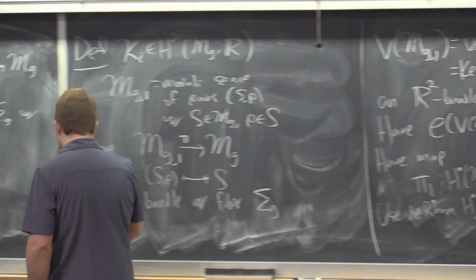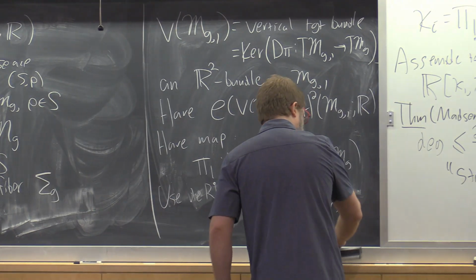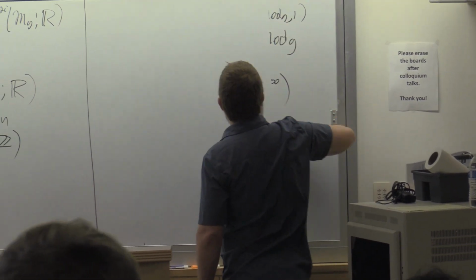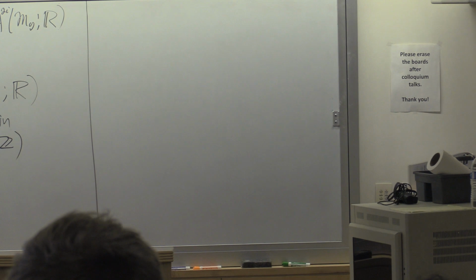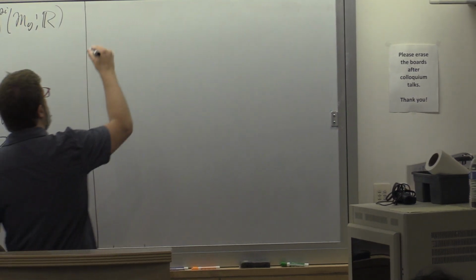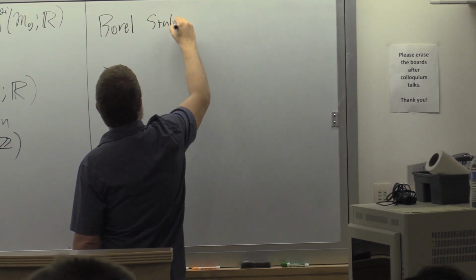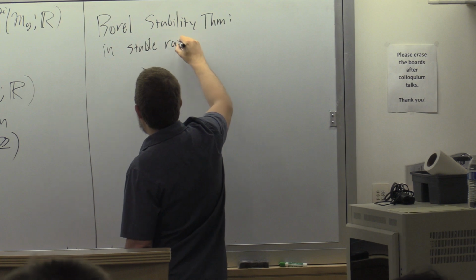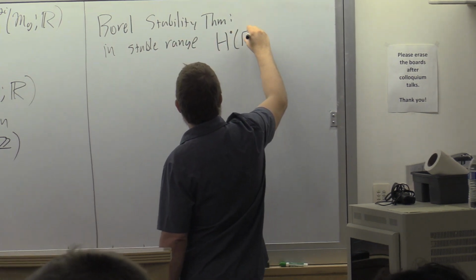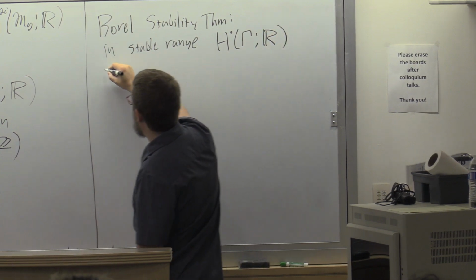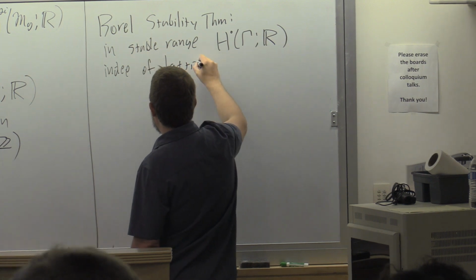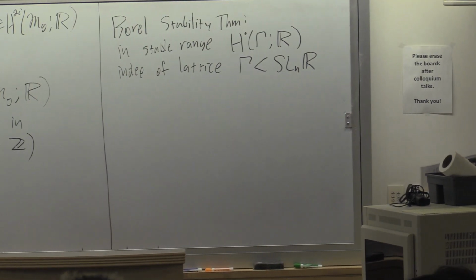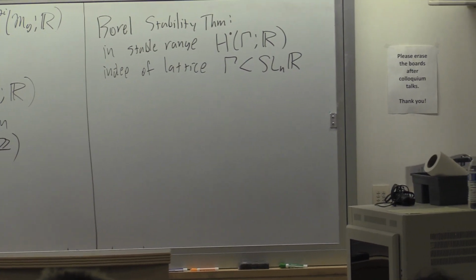Yesterday I described the Borel theorem, which says that in the stable range, the cohomology of Gamma with real coefficients, where Gamma is a lattice in SL_N(R), is independent of the lattice. The stable range means when N is large.